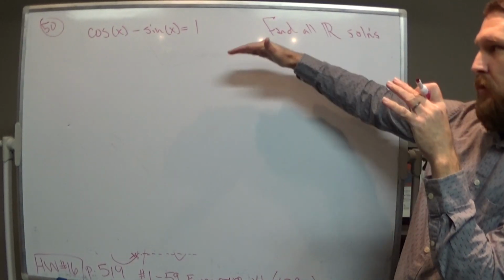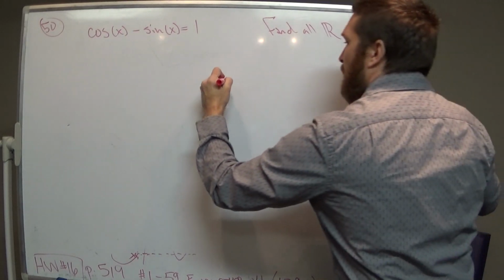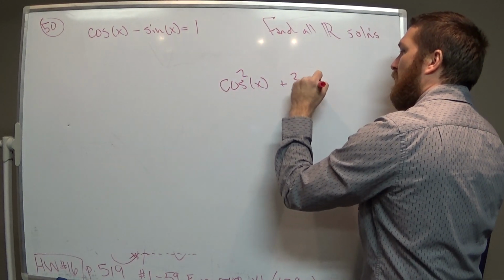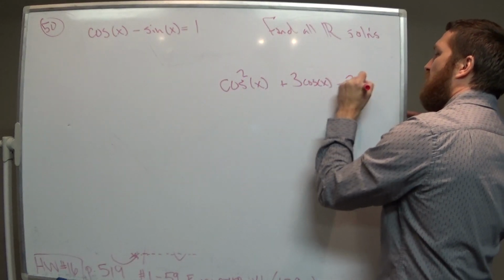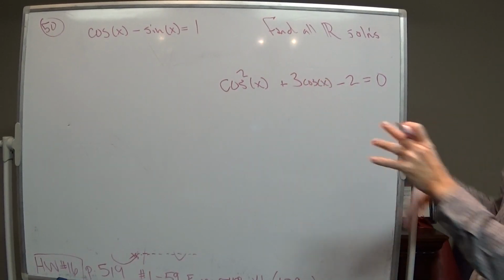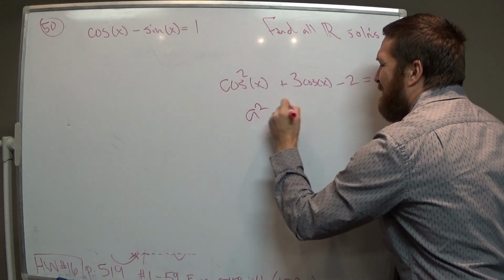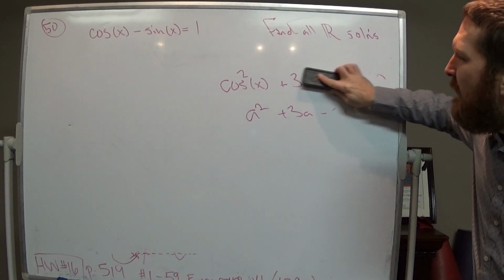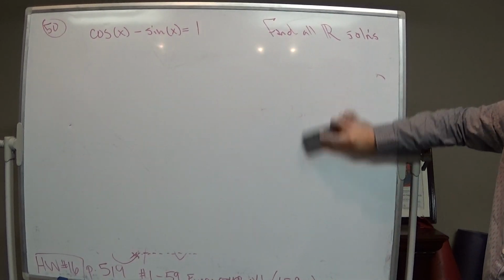And up until this point in your homework, you've been given stuff like cosine squared x plus 3 cosine x minus 2 equals 0. And you're like, yeah, it's a quadratic. It's like saying a squared plus 3a. And then you go through and work it out. Then you get this. And you go, what?